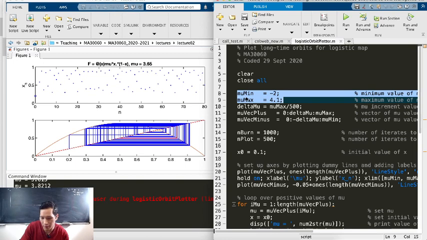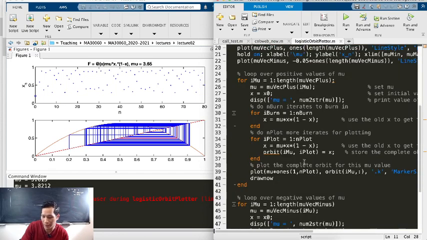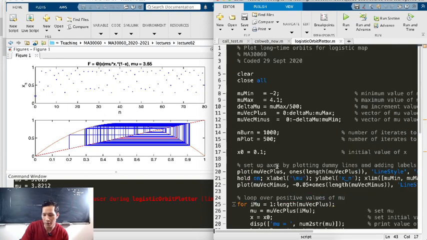Firstly, it goes from -2 to 4.1 in mu, but even though you see -2 and 4.1 here, actually we're just going to run from 0 to 4.1. We're going to do the positive values, and I'm not going to show you the negative values because this is a little bit later on in the code, and it takes a little bit of time to run to line 43 or where you see this. Okay, so we're going to run from mu equal to 0 to mu equal to 4.1 or thereabouts.